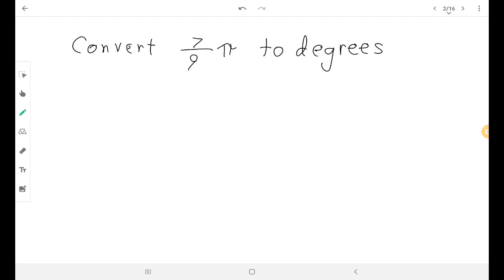Let's look at our first problem. We want to convert 7/9 pi, or 7 pi over 9, however you want to think of it, to degrees.